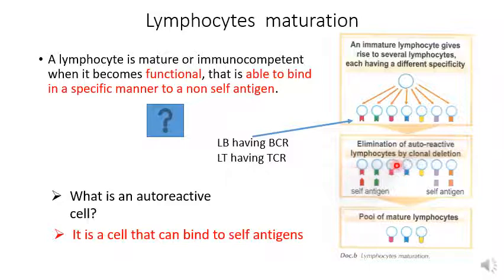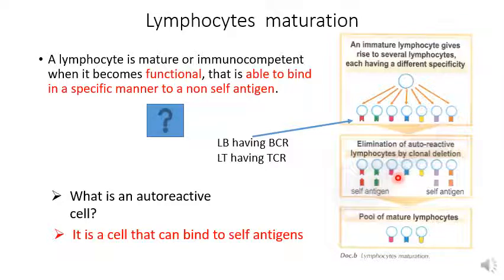So there will be clonal deletion of all the lymphocytes carrying this kind of receptor that can bind to this kind of self-antigen. Then what remains is only a lymphocyte with a receptor that cannot bind to self-antigen.